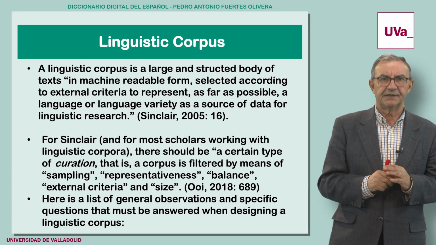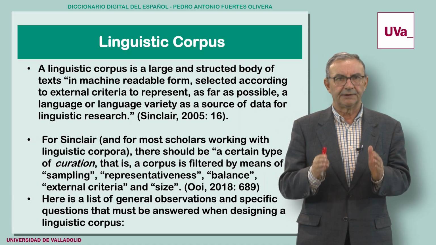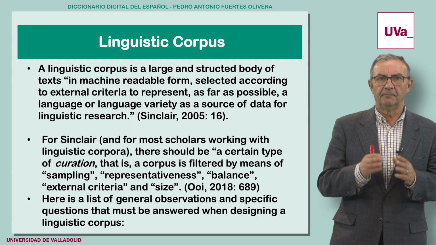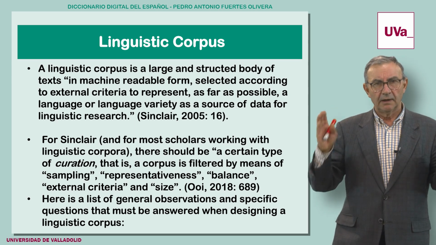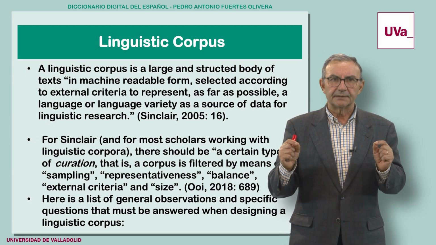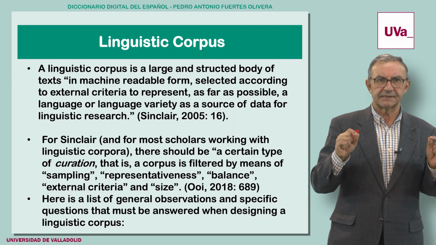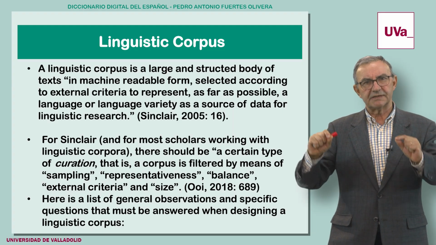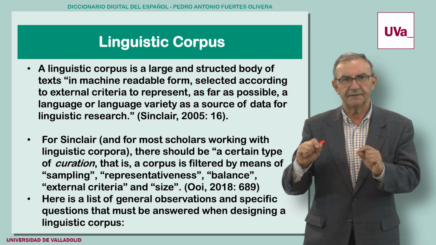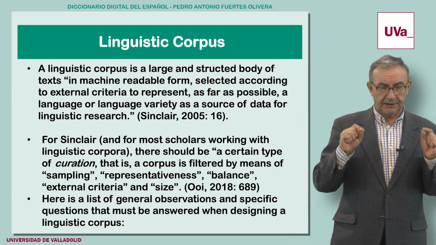And you know, this is a famous quotation from Sinclair 2005. For Sinclair and for many scholars working with linguistic corpora, there should be a certain type of curation. That is, a corpus is filtered by means of sampling, representativeness, balance, external criteria, and size.